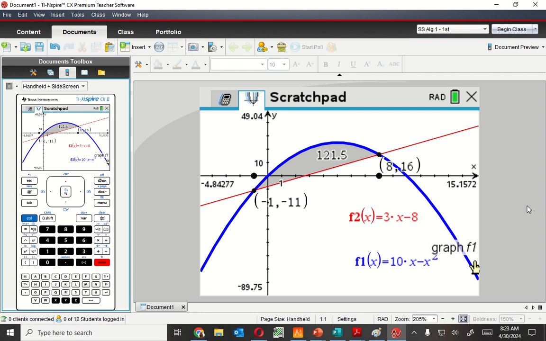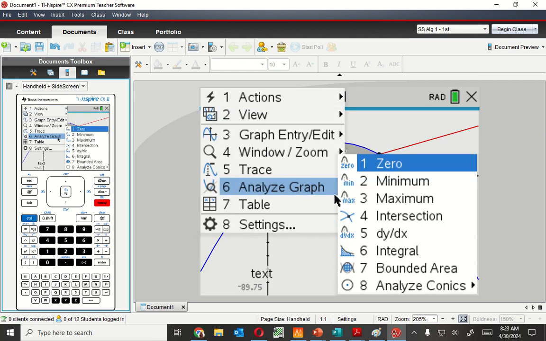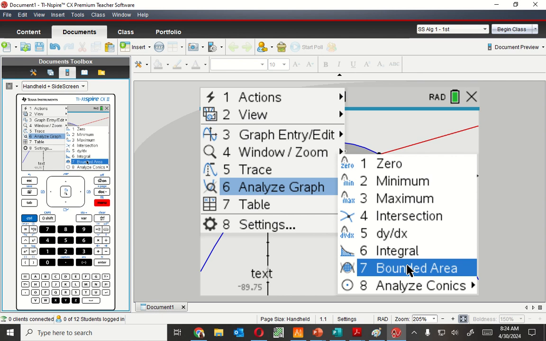Did you not get it? Oh, sorry, could you repeat it? Do you want me to redo it? The whole thing, or just that last part? Okay, so menu, analyze graph, and we're doing bounded area. Does it say bounded area on yours? It says bounded area. It does? Okay.